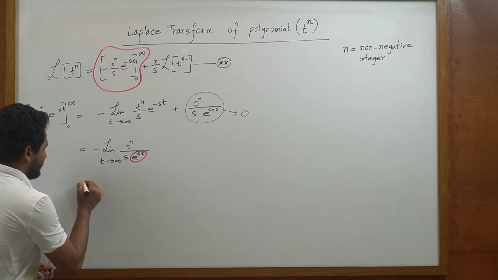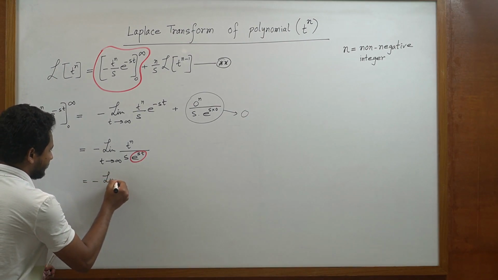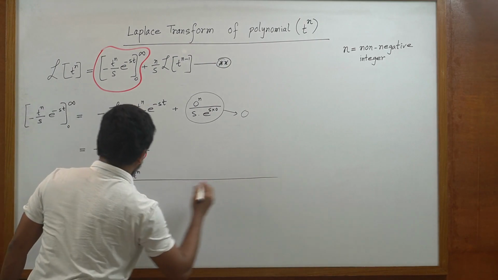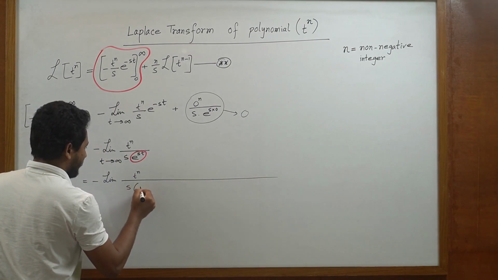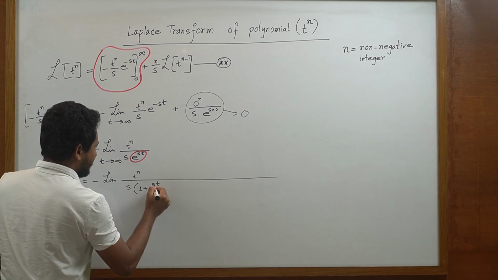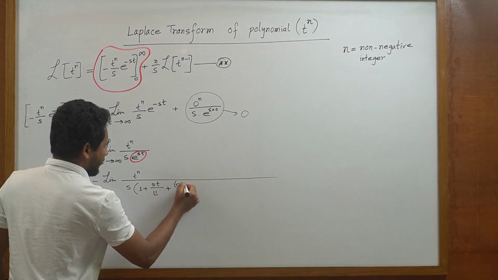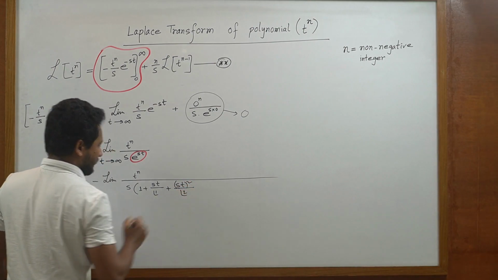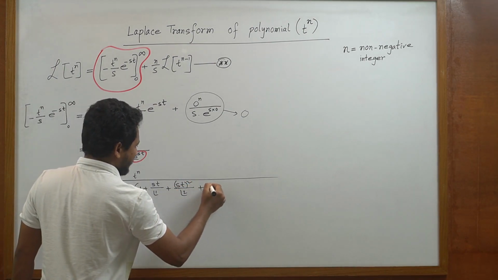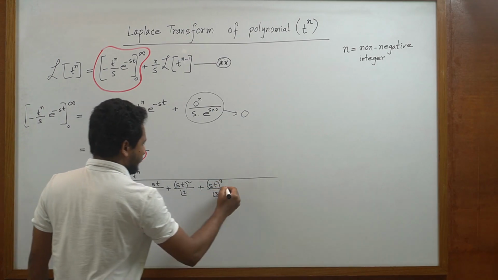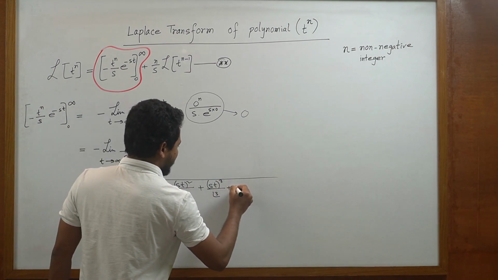The exponential series is one plus st by factorial 1 plus st square by factorial 2 plus st cube by factorial 3 plus and so on.